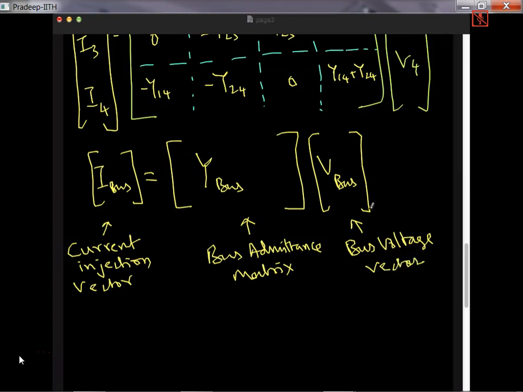So what is the size of it? This has n rows, one column. What is the size of this? This has also n rows, one column, and this one is n rows by n columns. So like this you get the bus admittance matrix. So any doubts here so far?